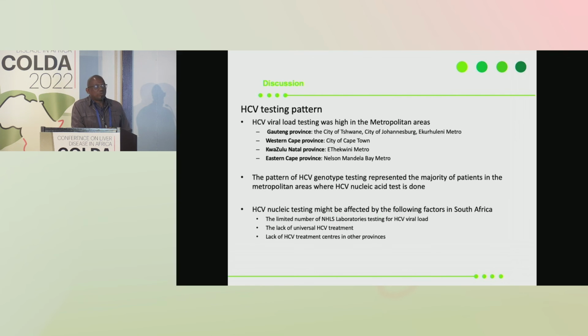And only a few people were followed up with a nucleic acid or viral load test in any other province. And the genotypes that we found, the majority of them followed the same pattern of the nucleic acid test, as those are the places where they are really testing.